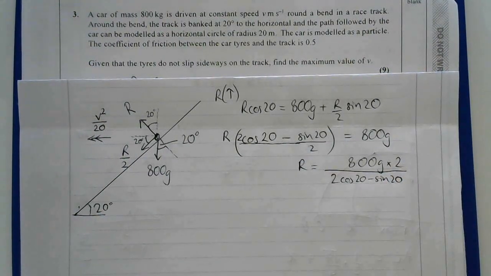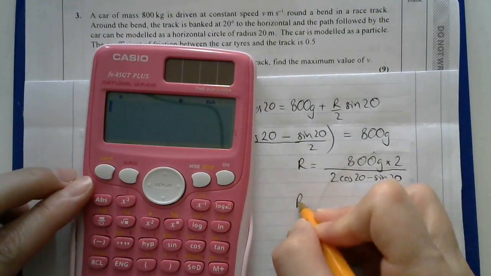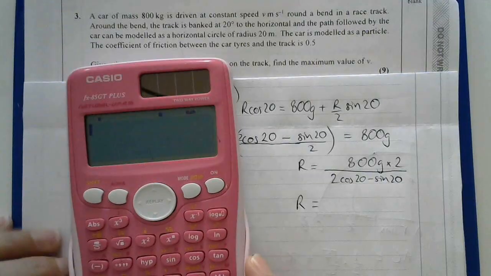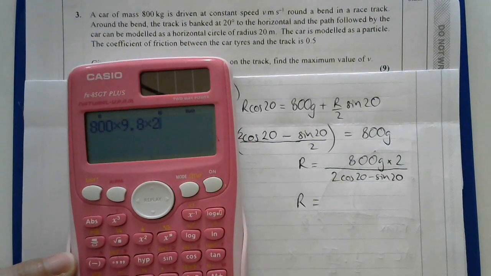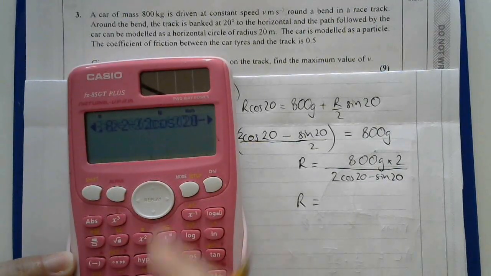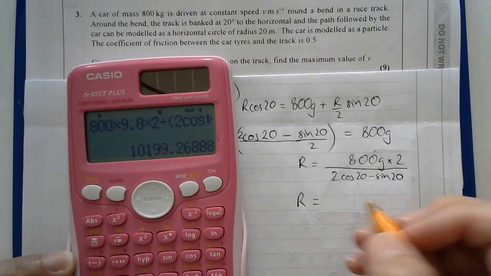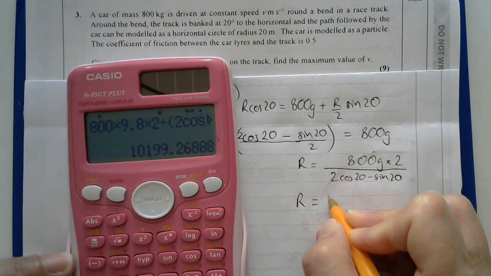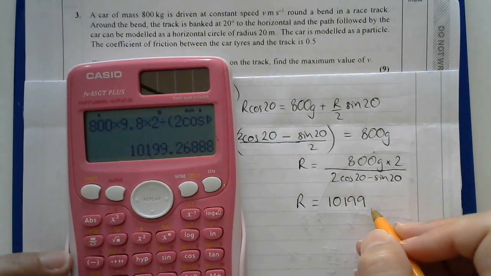This is horrendous to write down, so I'm going to pop it into my calculator and save it into the memory. So I've got 800 times 9.8 times 2 divided by 2 cos 20 minus sine 20. I need to close that bracket, because otherwise my calculator will complain. And I end up with 10199. That seems very big indeed.